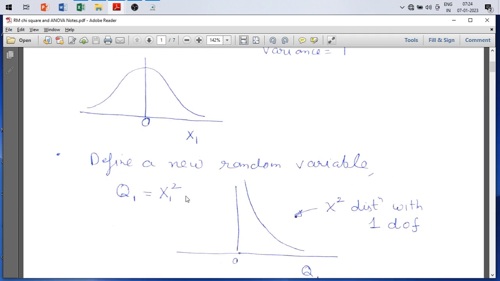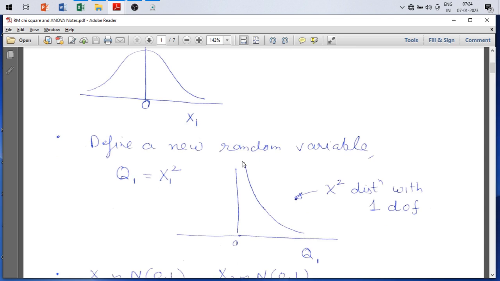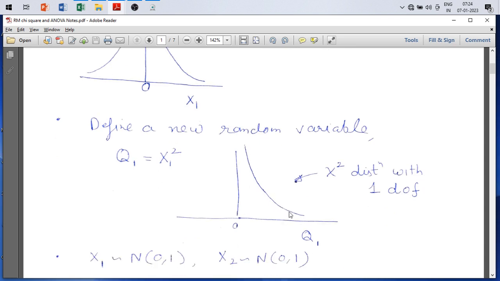So if you're taking x1 square, it will also have a peak around 0, and then q1 is just positive. This distribution of q1 is an example of a chi-square distribution. And this particular chi-square distribution has 1 degree of freedom because you have only one variable here, this x1. So it is a chi-square distribution with 1 degree of freedom.